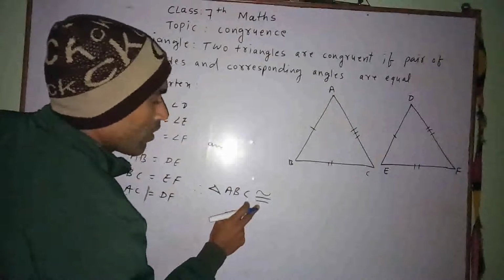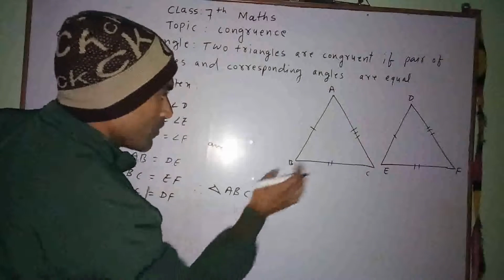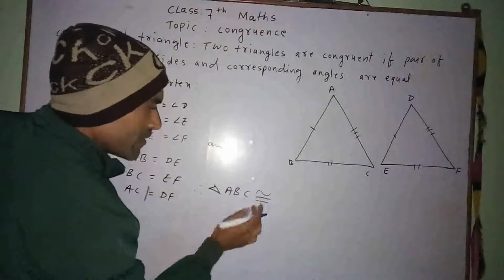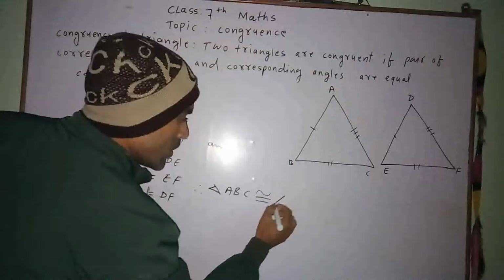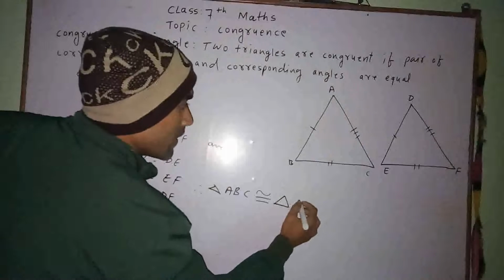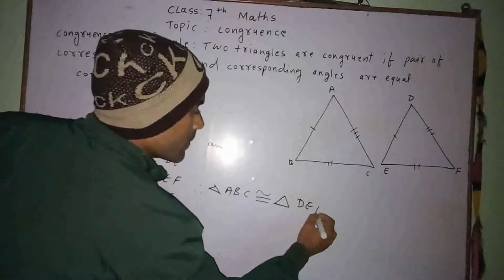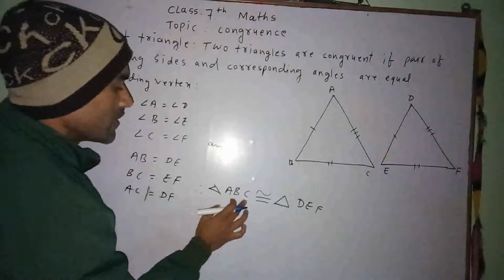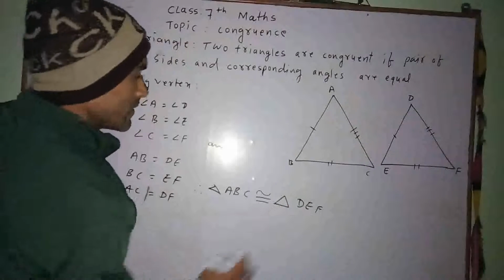This is the symbol of congruency. If two triangles are congruent, we apply this symbol between the two triangles. We read this as triangle ABC is congruent to triangle DEF.